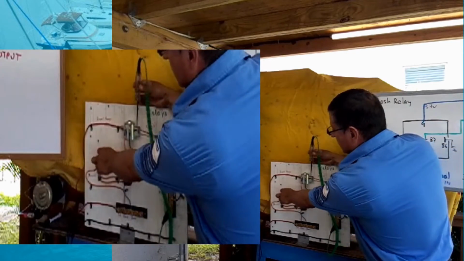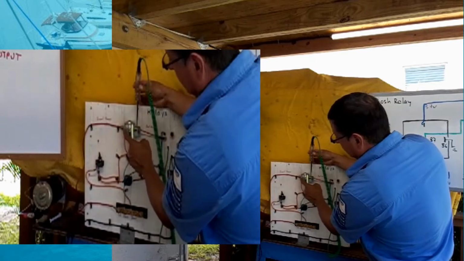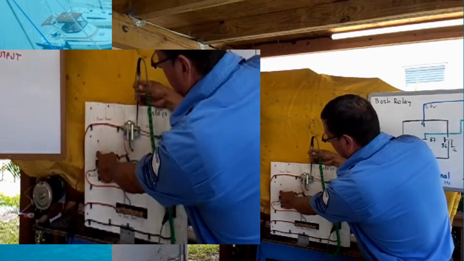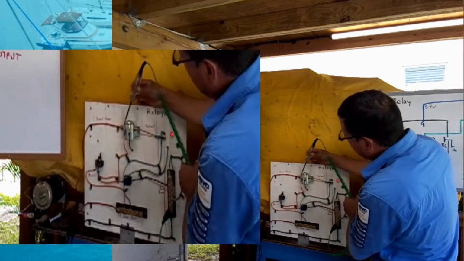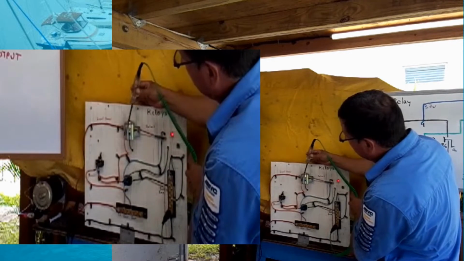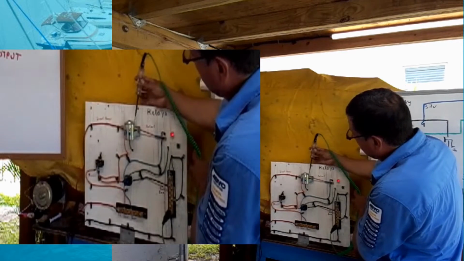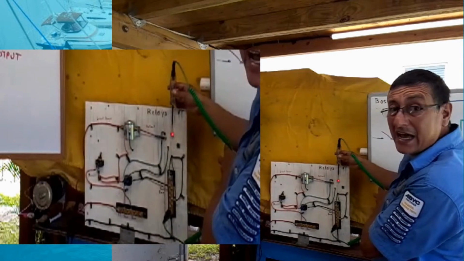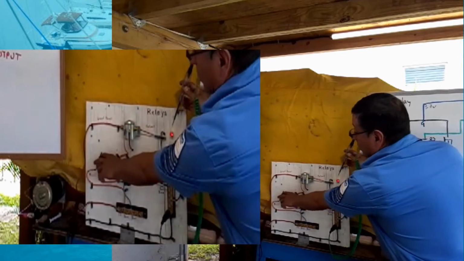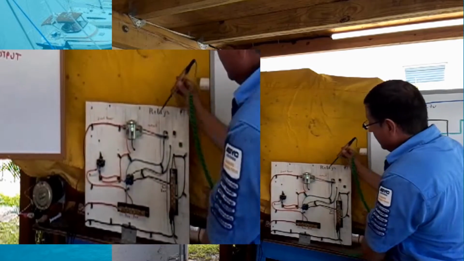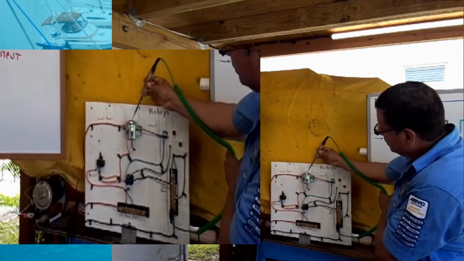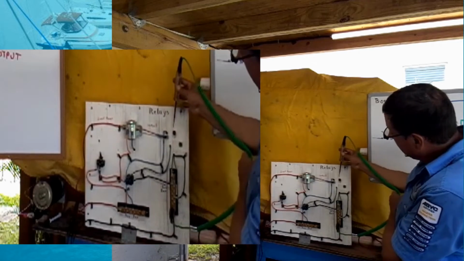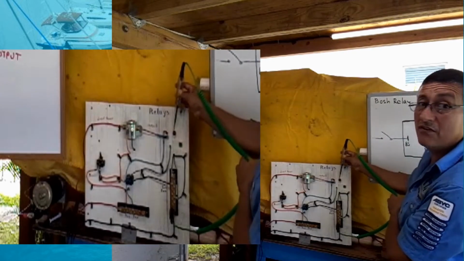When I send the signal, positive and negative, that's the positive, right now I send the signal here. I have power on the signal, and of course I have power in the output, and of course the light is on. When I turn off the switch, I don't have power in the output, I don't have power on the signal, and the light is off.